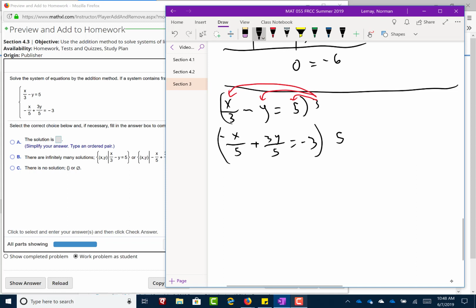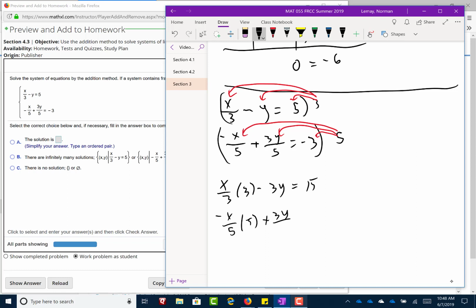So let's just note that when we do that, I get x over 3 times 3 minus 3y equals 15. And when I distribute the 5 across here, I get here to here to here, which means I get -x over 5 times 5 plus 3y over 5 times 5 equals -15.